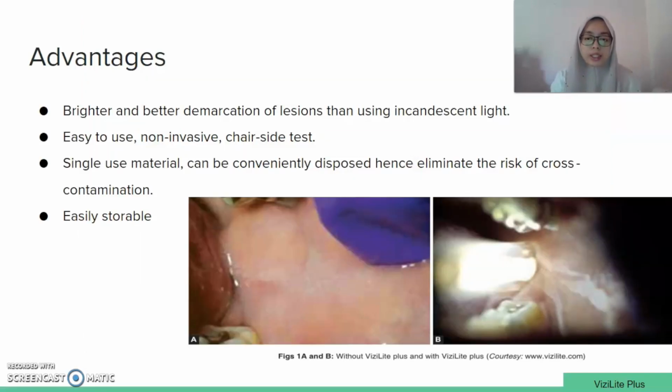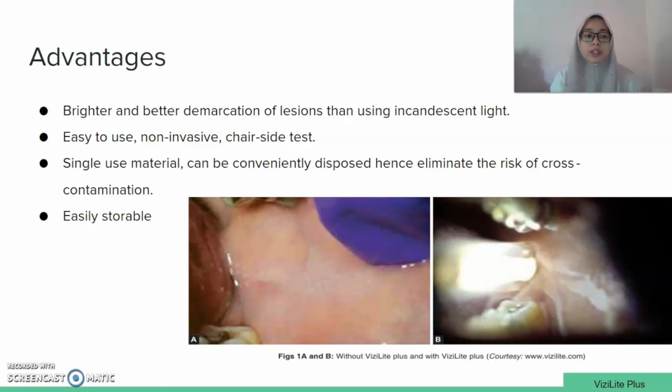These are the advantages of the use of VisiLight. The first one is that it shows a brighter and better demarcation of the lesion than using incandescent light. As we can see in the picture at the bottom, picture A shows the lesion under incandescent light, and picture B shows the lesion under the chemiluminescence device.